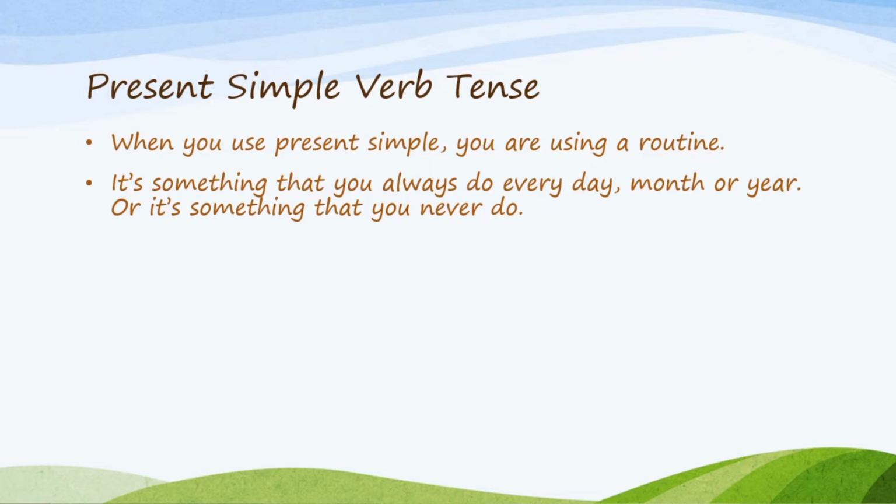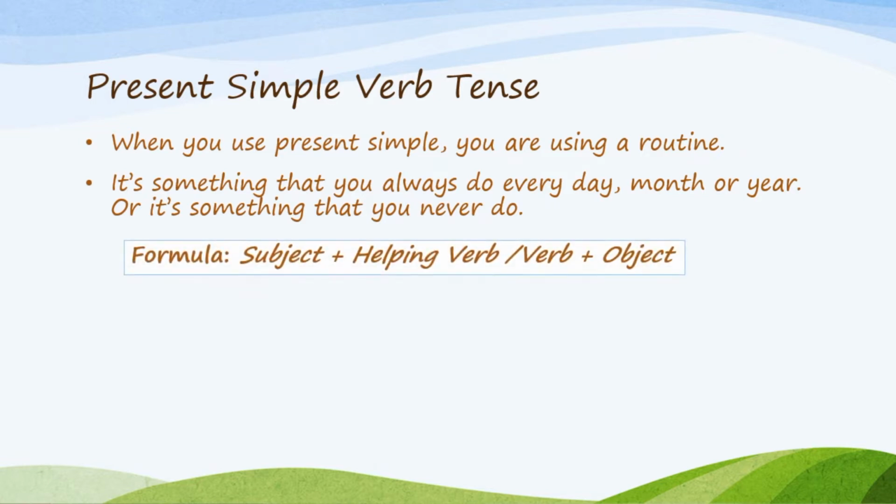Now we have some examples here. Before the examples, I will be telling you the formula or the structure of present simple verb tense. In present simple tense we will be writing first subject plus helping verb or verb plus object, right?